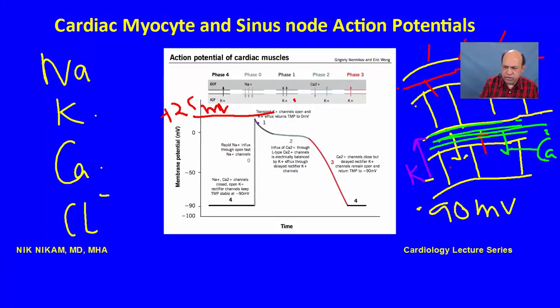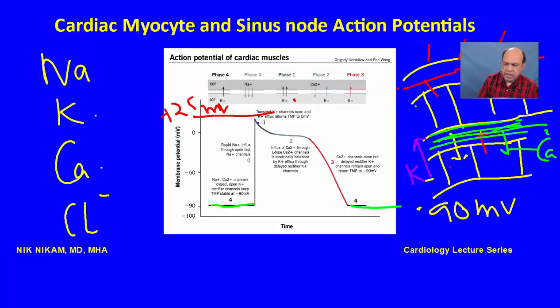By the influx of calcium from the interstitial space into the myocyte, and eventually as the calcium enters the cell, there is a sodium potassium ATP pump, which pushes the potassium from the cell outside, resulting in the membrane potential returning to the baseline. That's where we started off here on phase 4.